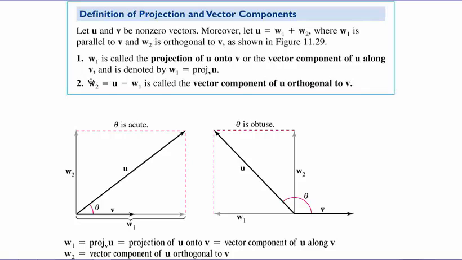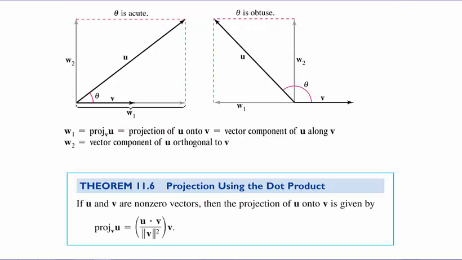Since u equals w1 plus w2, then w2 is u minus w1, and that's called the vector component of u orthogonal to v. So here's what it's going to look like if the angle is acute. Here's what it looks like if the angle is obtuse. Basically, we're just going to follow the rules right now, and you can think about what it means later as we look at some applications.